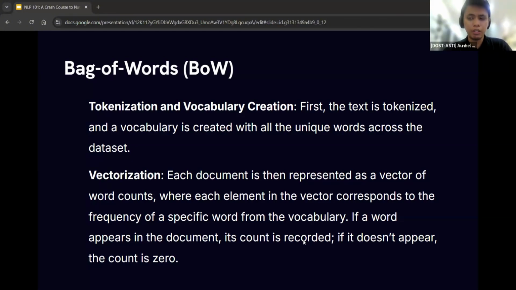If it appears, then you represent it by how many times it appeared. So we have a vector of size n, corresponding to the number of unique words or tokens in our bag of words. Each index corresponds to the same index of the unique word, and the value corresponds to the frequency of that word in the original document.